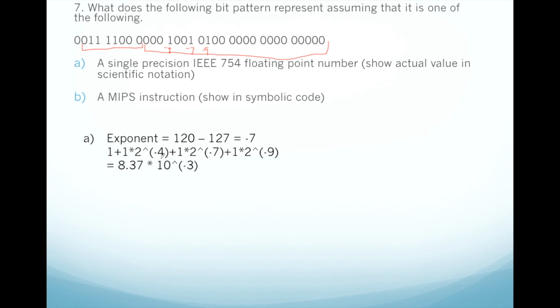So as you can see, we added that negative 4, negative 7, and negative 9, and you add that to plus 1. So that will equal 8.37 times 10 to the negative third. So that's part A. Part B is just you want it as a MIPS instruction, so you can look in your notes. This is what I got.